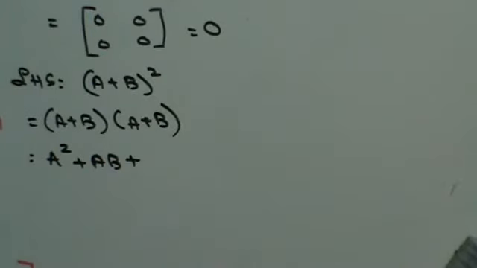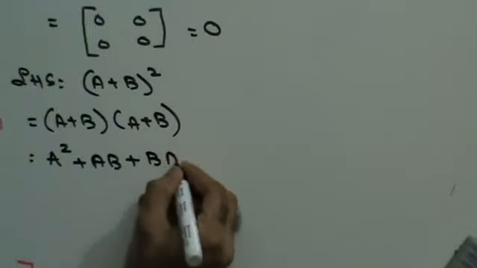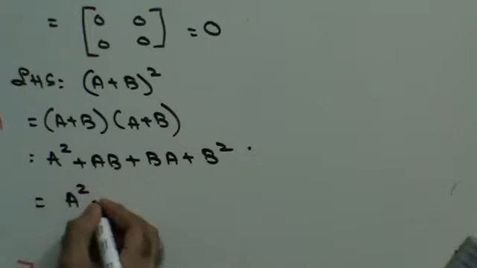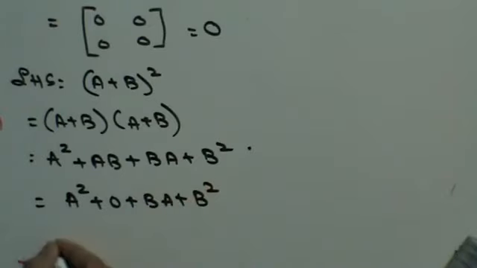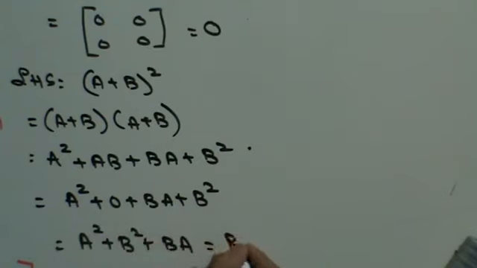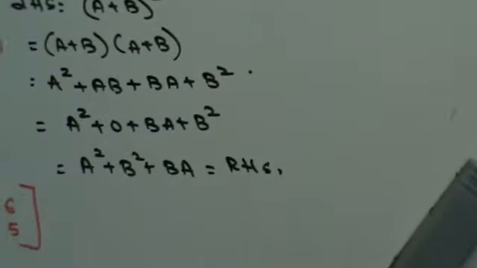Then multiply B with the entire second bracket, so that's BA plus B square. But we found out the value of AB to be 0. So this is going to be A square plus 0 plus BA plus B square. If I rearrange this, this is A square plus B square plus BA. That's my RHS. That's what I have to prove, that (A plus B) the whole square is A square plus B square plus BA.